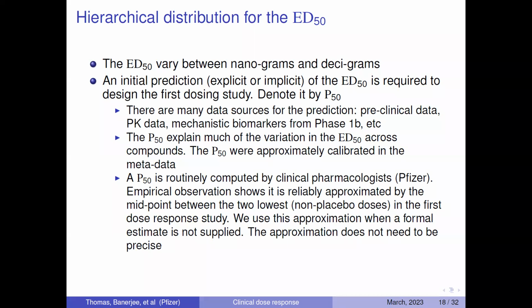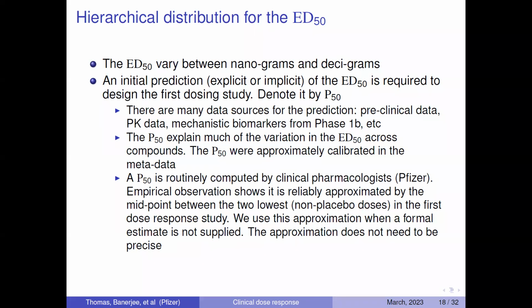Now, there are a lot of different sources for where that prediction comes from. It sometimes comes from preclinical data, PK data. It may be a mechanistic biomarker from phase 1B. There are a lot of different places it comes from. But what we have learned is that P50 explains much of the variation in the ED50 across compounds.